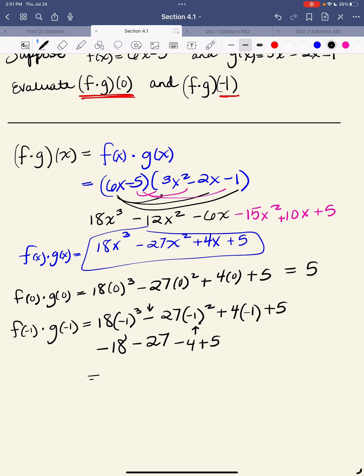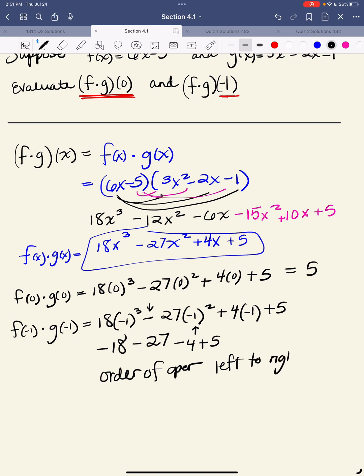So when we clean all of this up, we've got a -18. We're going to subtract 27, and then minus 4 plus 5. Actually, I don't want to confuse. I'm going to clean up in order from left to right. Let's do order of operations from left to right.